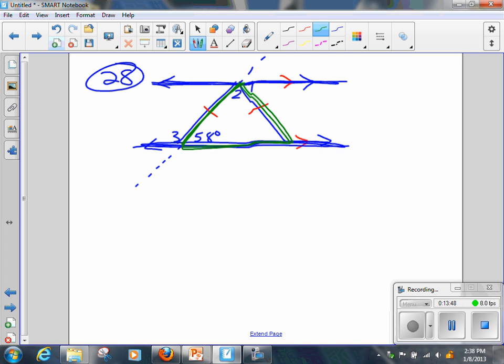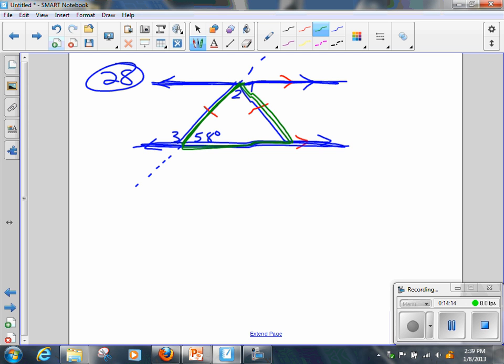Isosceles triangles have 2 congruent sides, right? Which means there are 2 whats, Kevin? 2 what angles? 2 legs, yes. 2 angles. Jade, what about those angles? What kind of angles?